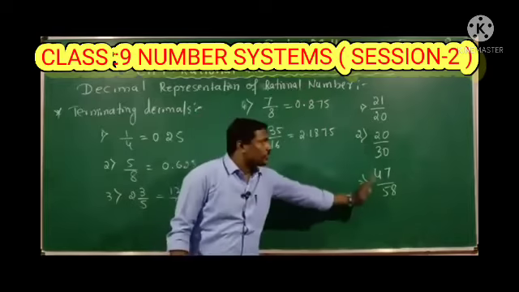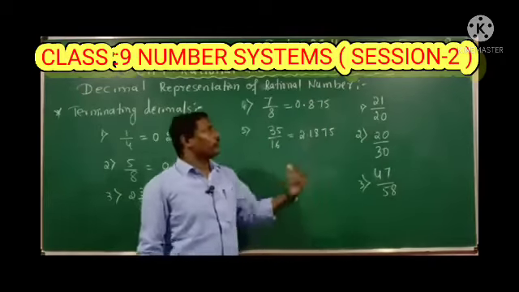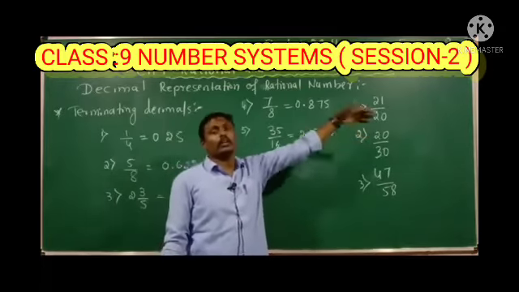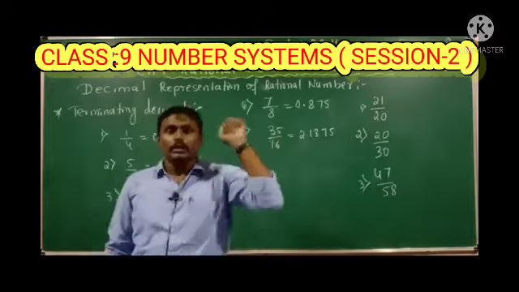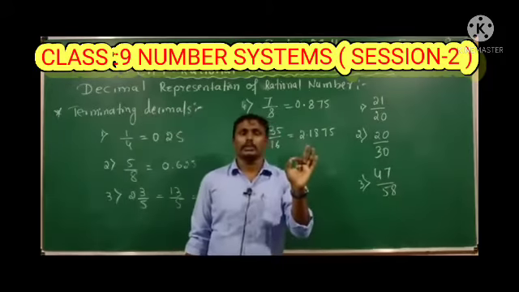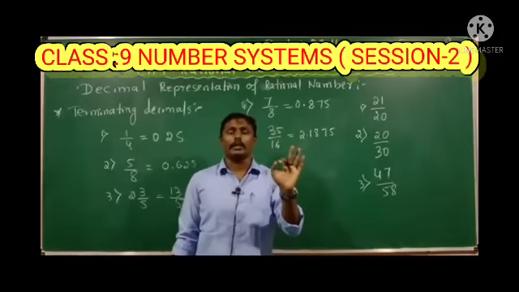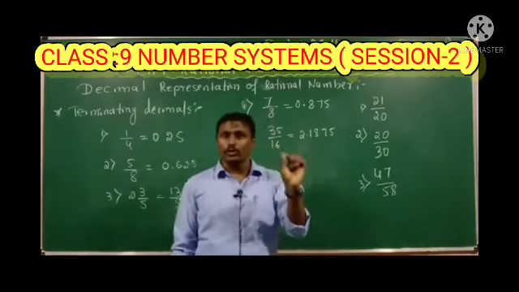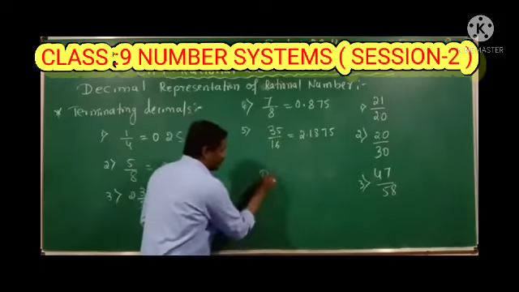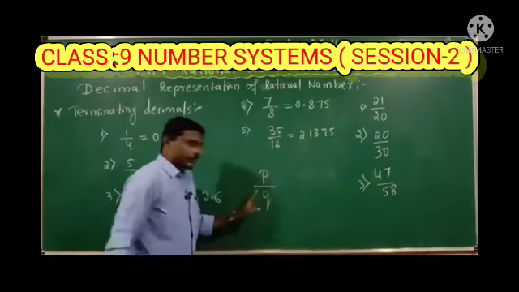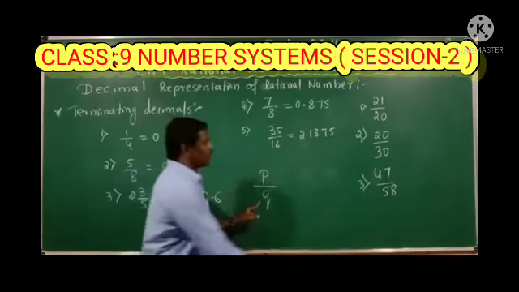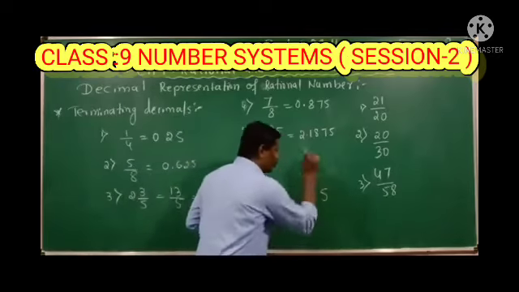Now how do we identify whether the given fractions or rational numbers are terminating or non-terminating? A rational number in the form of p by q is terminating when the denominator q has only prime factors 2 or 5.